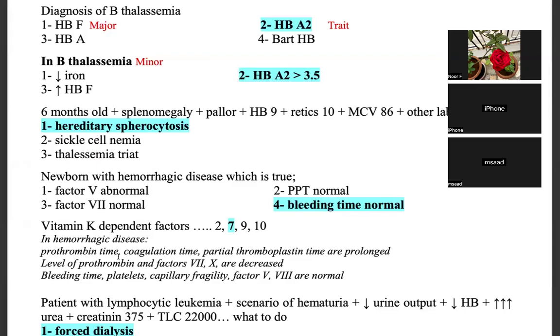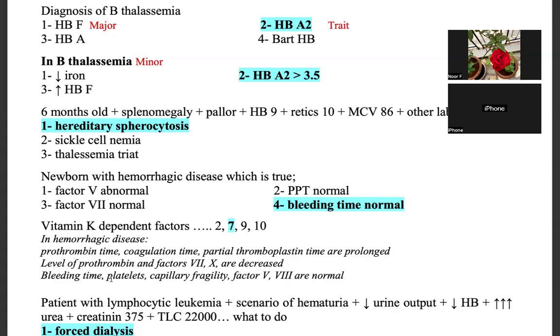In hemorrhagic disease, prothrombin time, coagulation time, and partial thromboplastin time are prolonged. All are prolonged. Levels of prothrombin, see, vitamin K dependent factor is 7. Factors 7 and 10 are decreased. So bleeding time, platelets, capillary fragility, factor 5 and 8 are normal.